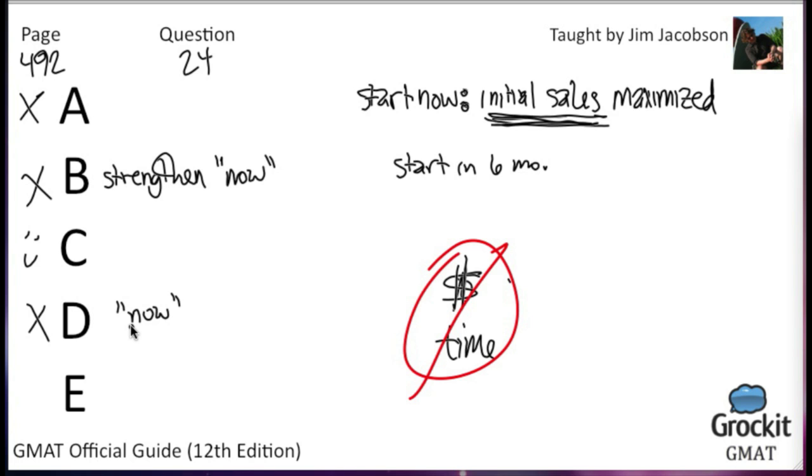And choice E, taking full advantage of the capacities of the new chip will require substantial adjustments in other segments of the computer industry. You know, the rest of the computer industry, not really an issue. Again, in the real world, that would be an important thing, and Plexus would want to talk to its business partners about the impact of this exciting new technology. But in terms of this, it's really about starting now or starting 6 months from now, and what's happening to the rest of the industry.